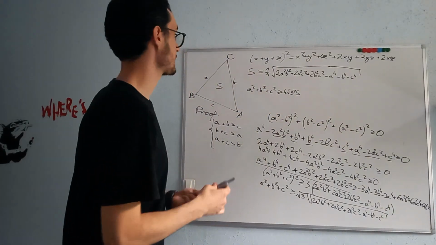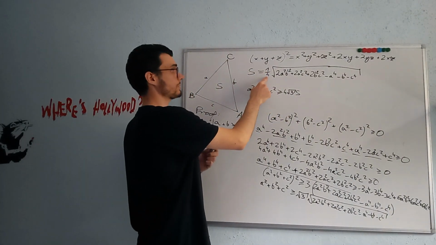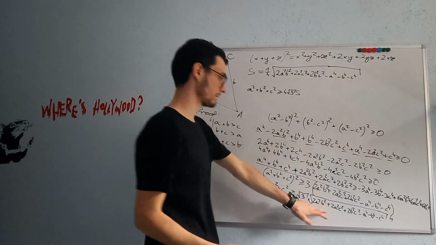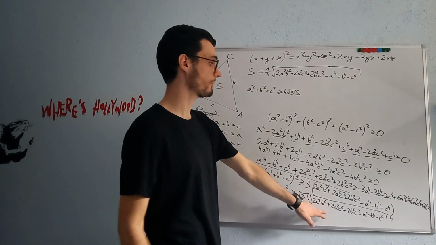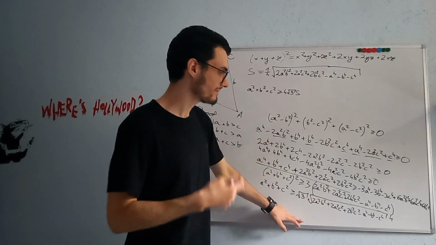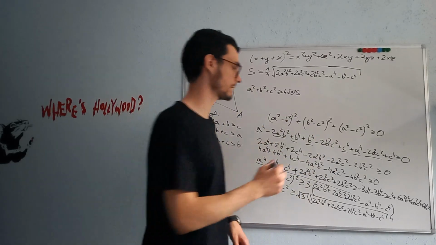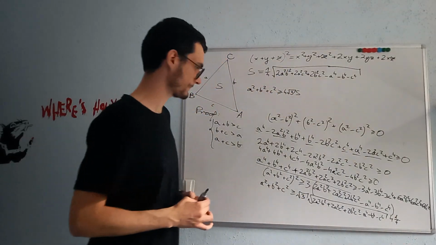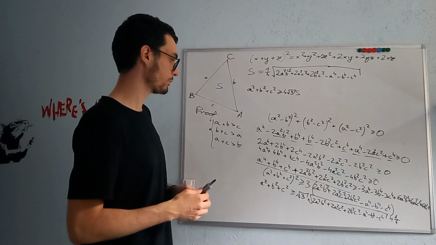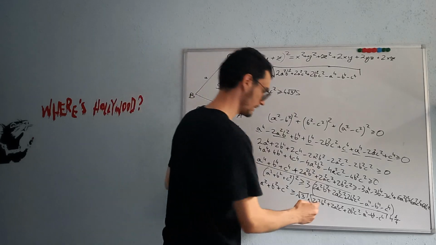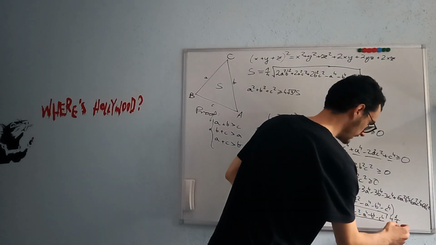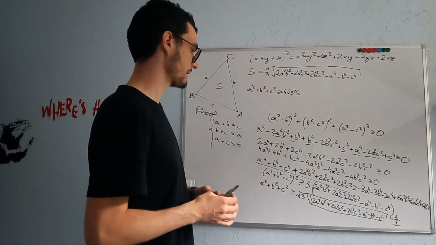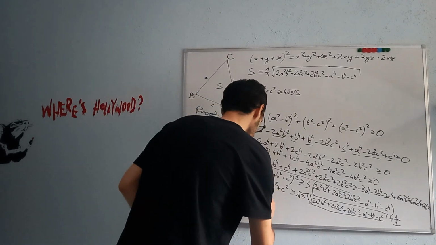Okay, we see that the only thing we need to do is to multiply the right side of the inequality by 4, and since we can change the value of the right side of the inequality by 1/4. Okay, so now we can see that the underlined part is our area of the triangle.